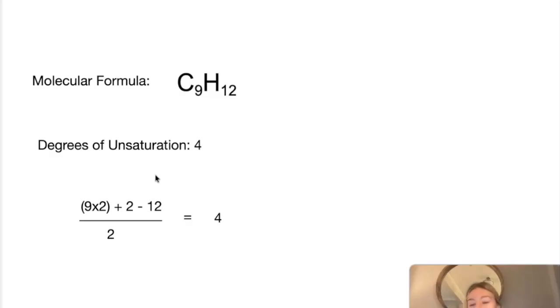We had no other oxygen, nitrogen, anything like that, so it was just 18 plus 2 is 20 minus 12, which is 8, divided by 2, which is 4. So I knew that it could have been a ring plus 3 bonds. I was thinking about that the whole time, possibly having a benzene ring, so that was a good clue for what it could be.